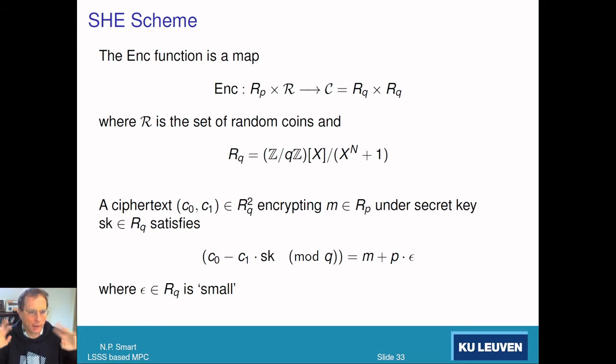So intuitively, an encryption produces a C0 and C1 such that C0 minus C1 times the secret key mod Q is equal to the message, which is in this nice ring mod P, plus P times epsilon. Because epsilon is small, there's no wraparound. So we take the final result mod Q, then mod P, and that will give us our plaintext.